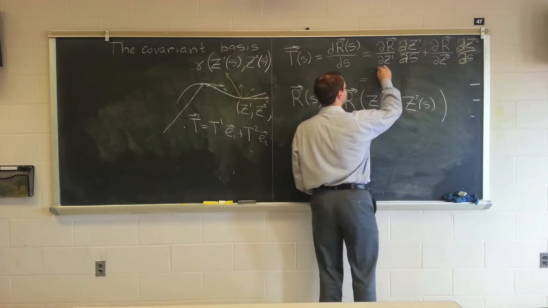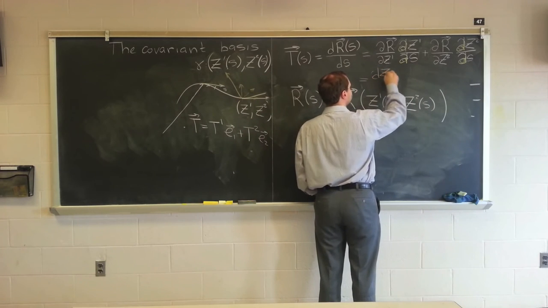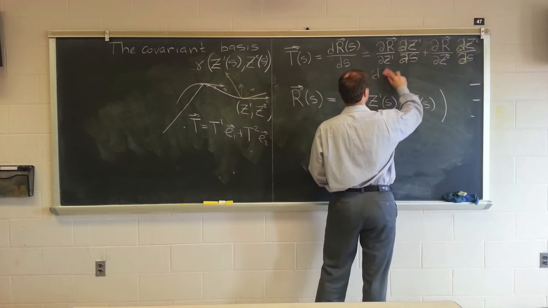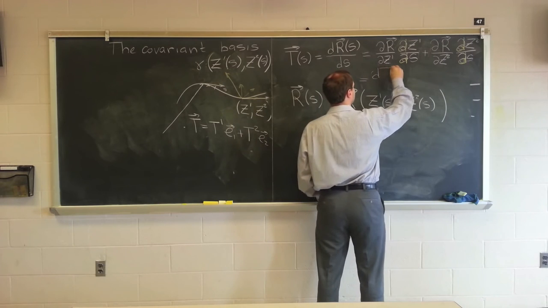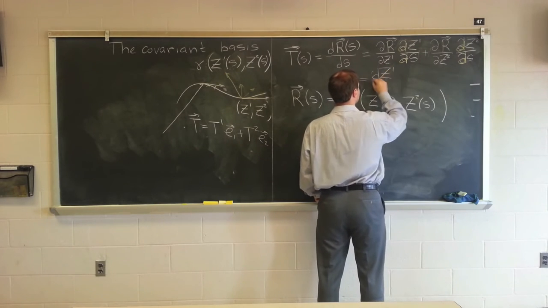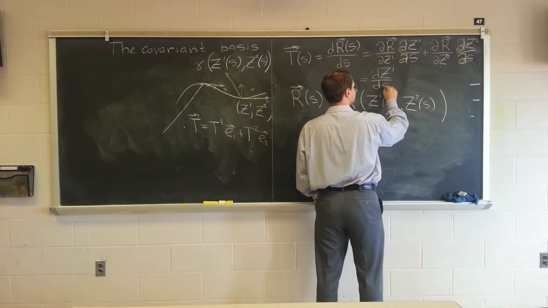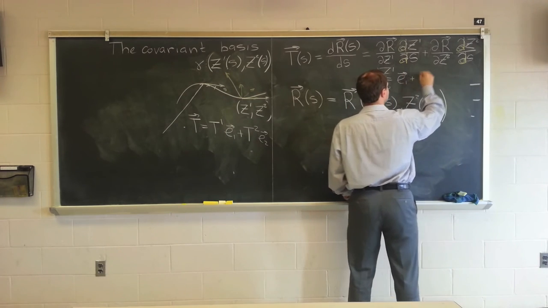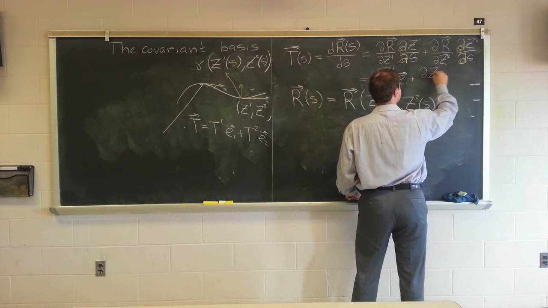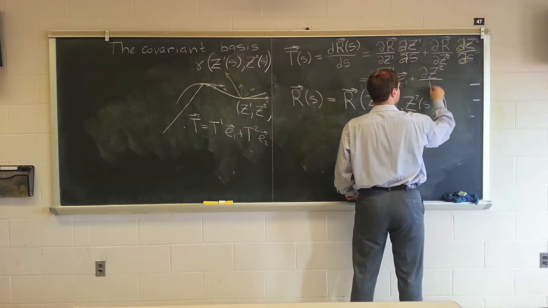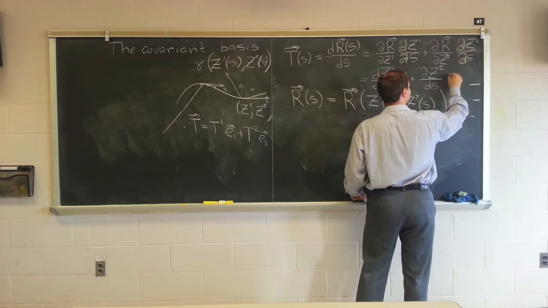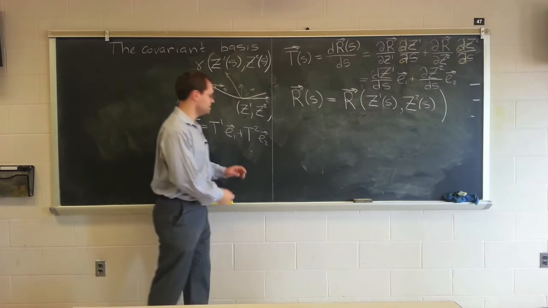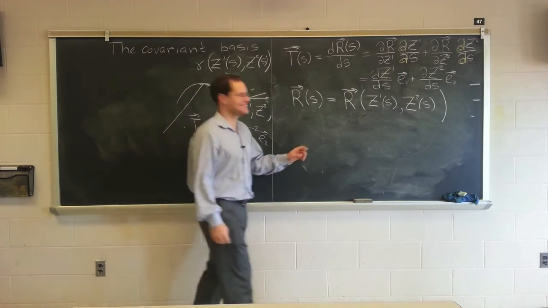So it becomes dZ1/ds E1 plus dZ2/ds E2. So indeed, you were right.